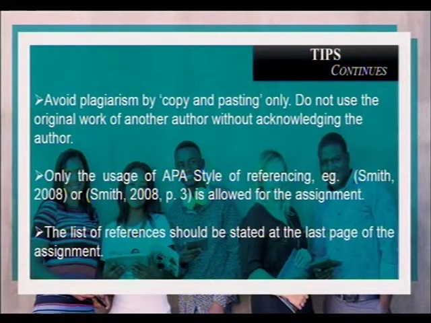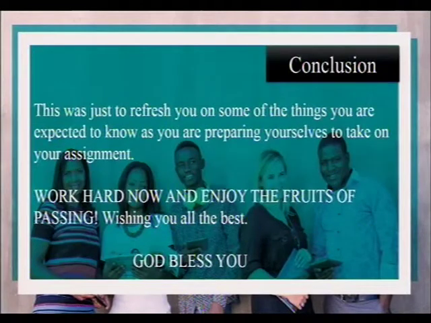Also very important is to list all the references that you use throughout your assignment at the end of your assignment. Usually the last page of the assignment should have a list of references, a list of materials where you got your information from.